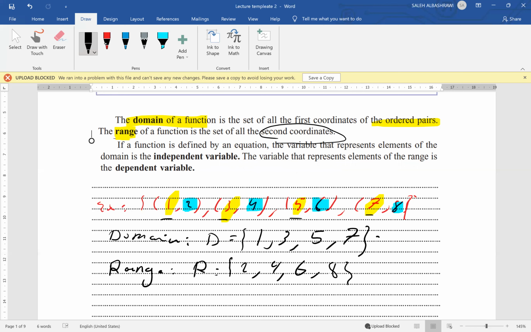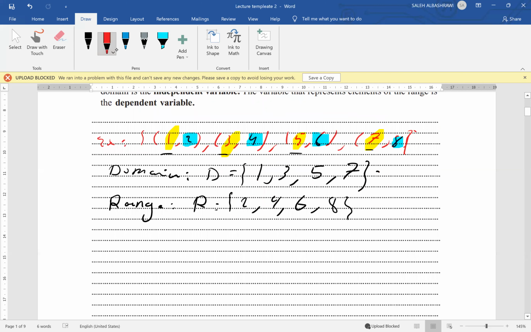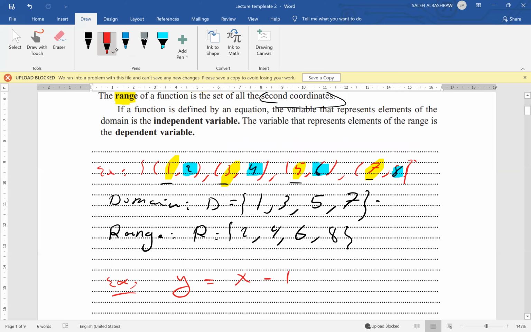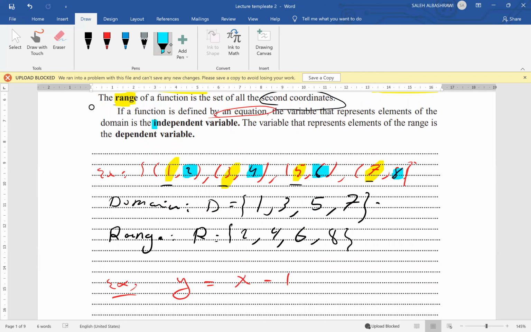Now, if the function is defined by an equation, sometimes we write the function as y equal to x minus 1. This is a function given by an equation. Then the variable that represents an element of the domain, which is the x coordinate, is called the independent variable. So it is x in my function.